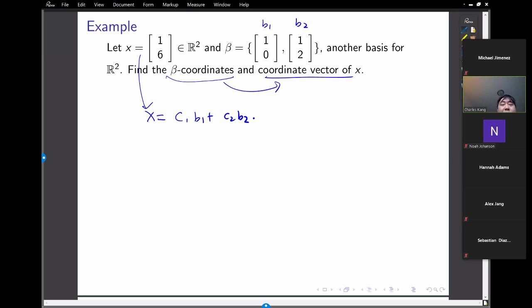I want to find these coefficients c1, c2. So let's write this equation using the actual vectors: c1 (1, 0) plus c2 (1, 2).